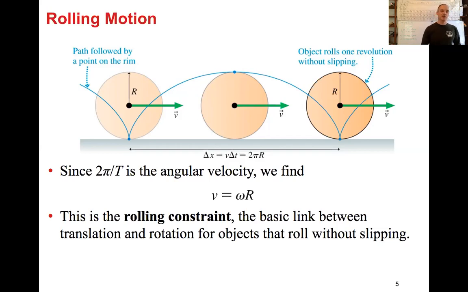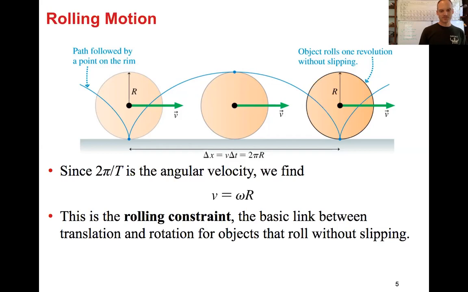If you know the distance of the rolling object, what its circumference is, then you can figure out its velocity pretty easily, and then you can use that to figure out the angular velocity of the rolling object.